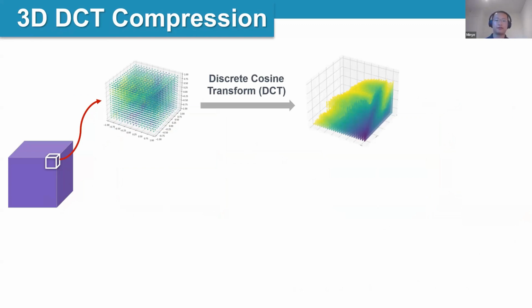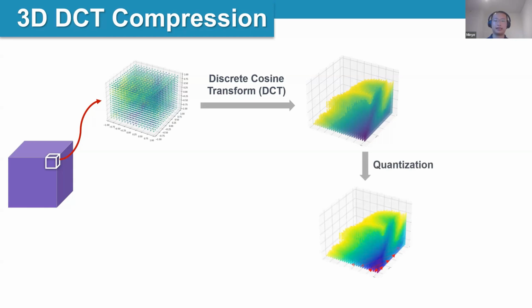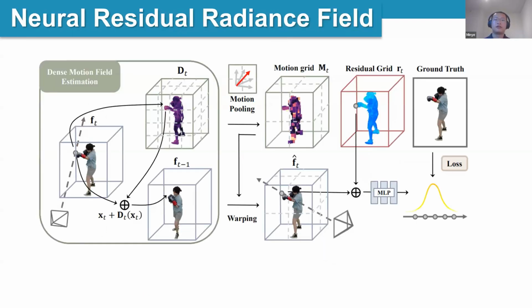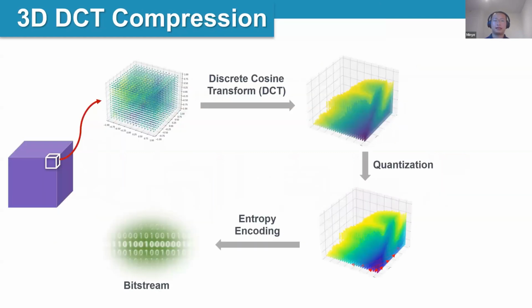The process involves transforming voxels into the frequency domain, and then we quantize the DCT coefficients. And finally, we perform entropy encoding to obtain the compressed data. So that's a very simple way to compress the feature grid.